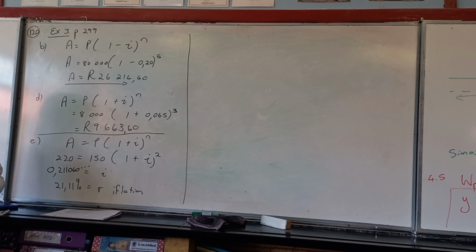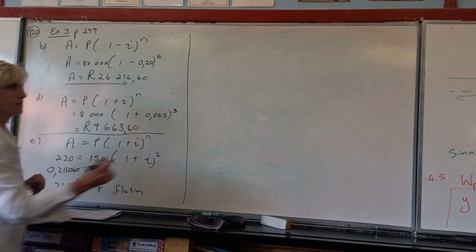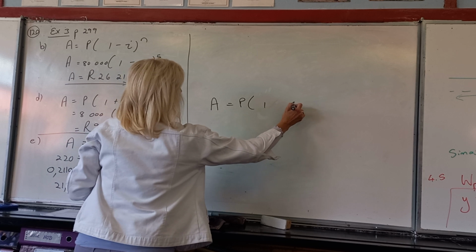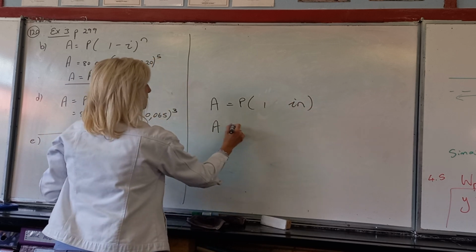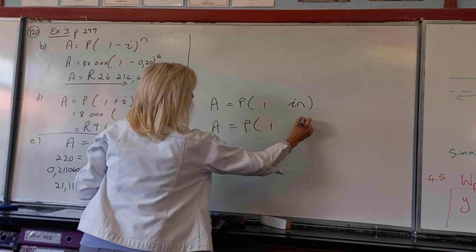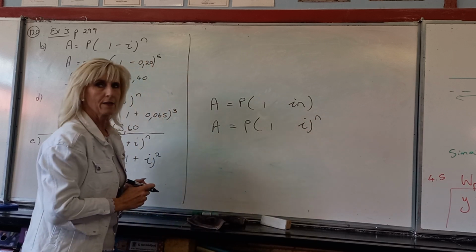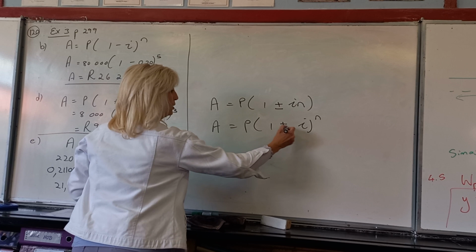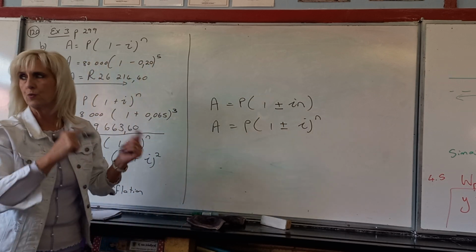If it was simple interest, you've got to look for the correct place to use that as well. So both of those formulas, simple interest and compound interest, can be used with a plus or minus, and you have to know which one to use when.